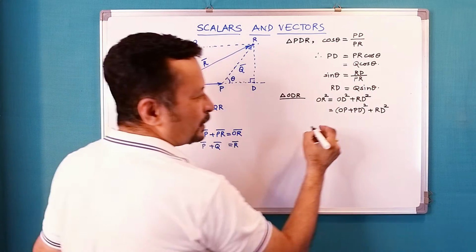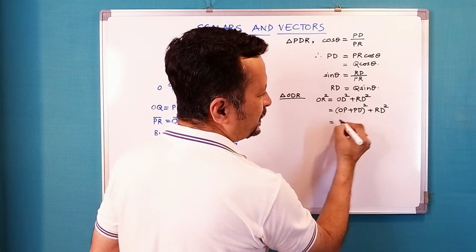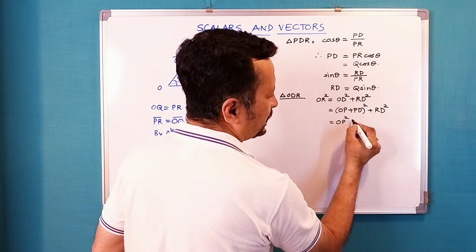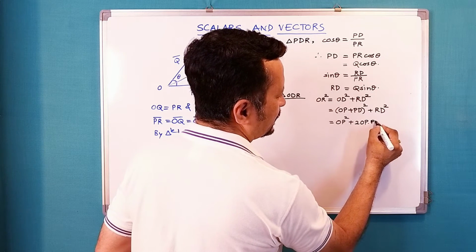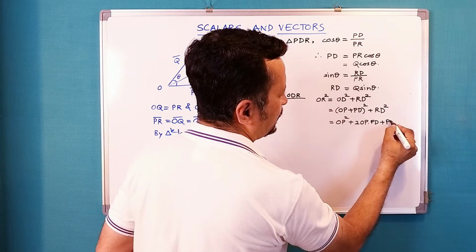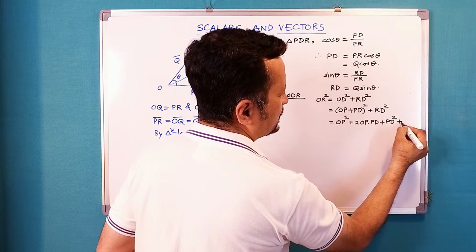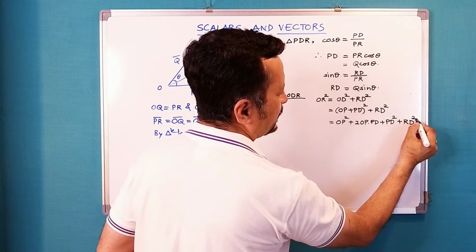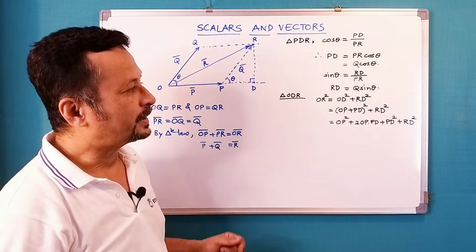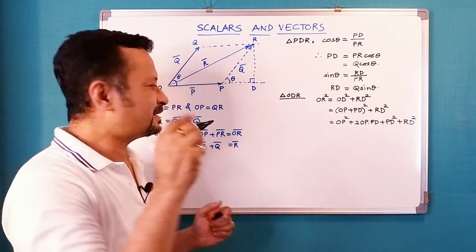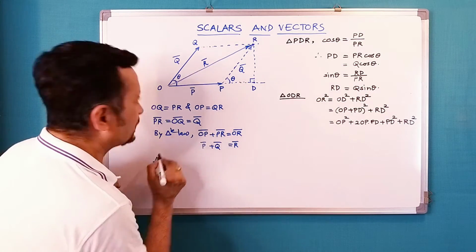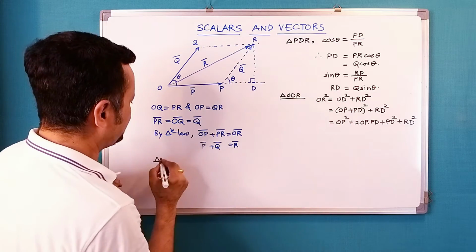Okay, so now what is (OP plus PD) whole square? So it is OP square plus 2 OP PD plus PD square plus RD square. Okay, so now I have to do something more. I'll consider this small triangle PDR.